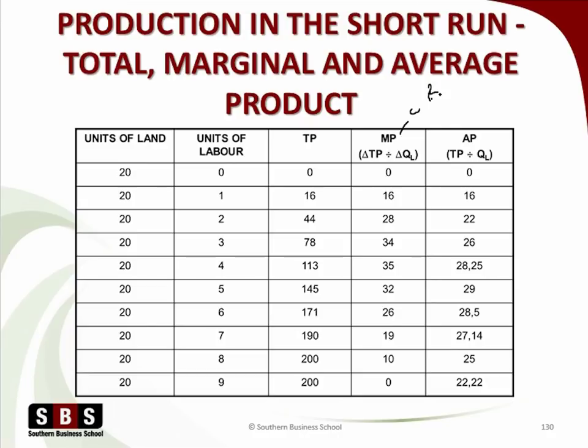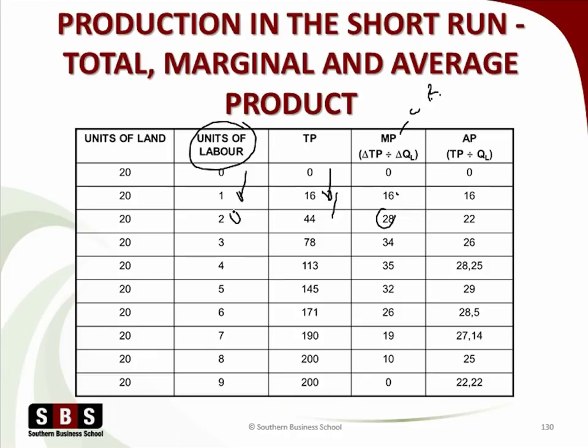So marginal product is the difference in total product divided by the difference in quantity. It always comes back to the units or the quantity. So once again, for total product, there's a 16 change from 0 to 1, and there was only a 1 change in quantity. So 16 divided by 1 will give you 16. Happy with that. The same here: 16 to 44 will give you 28, and because it's only a 1 change, it will be 28.